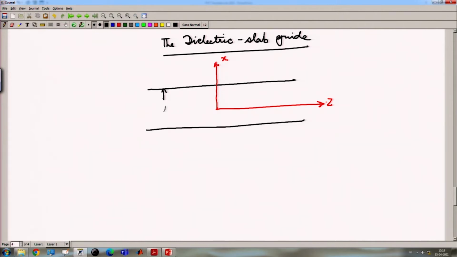And the width of the slab is A. So, this is my dielectric slab, the yellow shaded region. Its permittivity and permeability are epsilon d, mu d, and as we always use, the medium above and below, which is free space, has permittivity and permeability epsilon naught, mu naught.